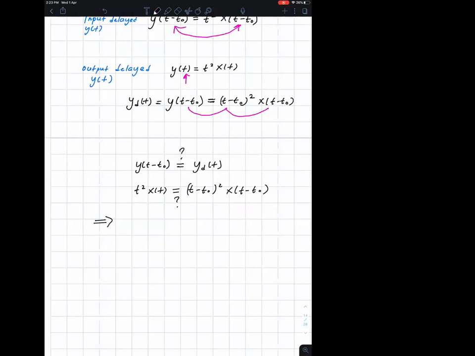Therefore, not time invariant. Because the left hand side is not equal to the right hand side. Therefore, the system is not time invariant.